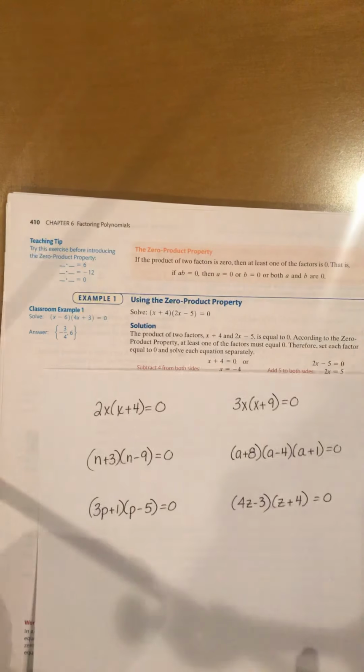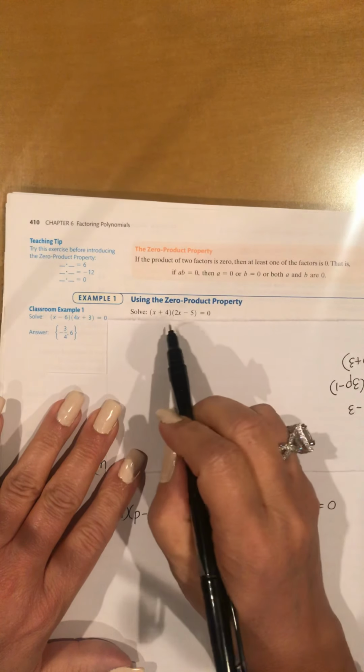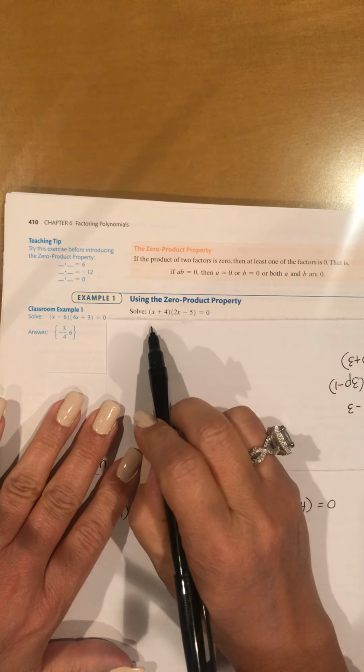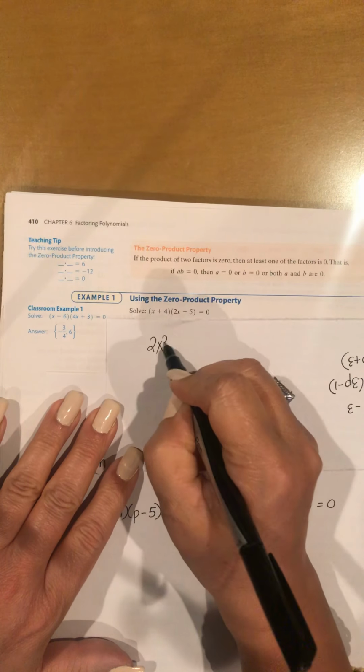Okay, so this first one right here, you have a polynomial and it's already factored for you. So if I were to have given you, you're going to see this polynomial as, let's say, 2x squared.